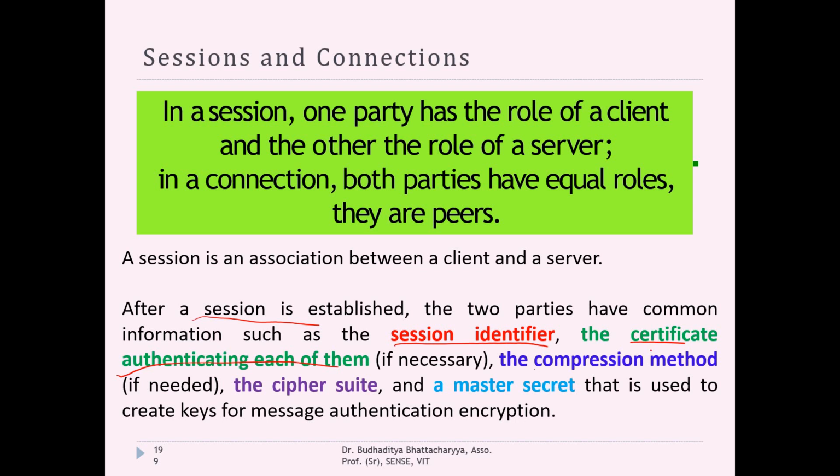The compression method being used, that is the hashing, because remember hashing will always generate a fixed set of data. And then we have the Cipher Suite. How the Cipher Suite is developed, I told you in the diagram, the initialization, and a master key that is used to create the key for the message authentication code. So these are the pieces of information that are supposed to be shared whenever a session starts.